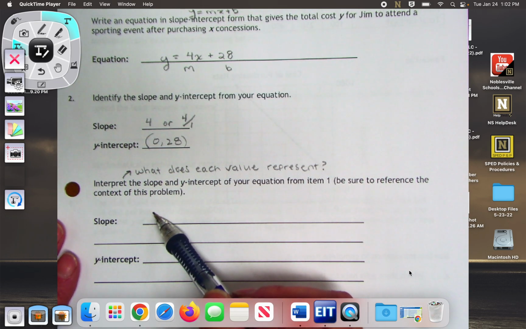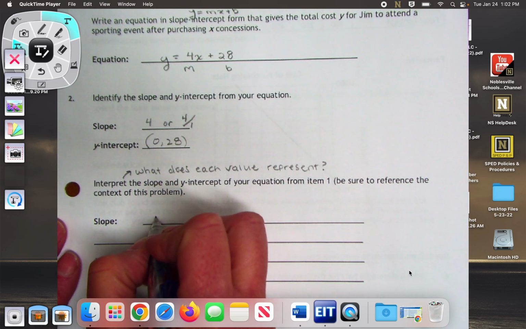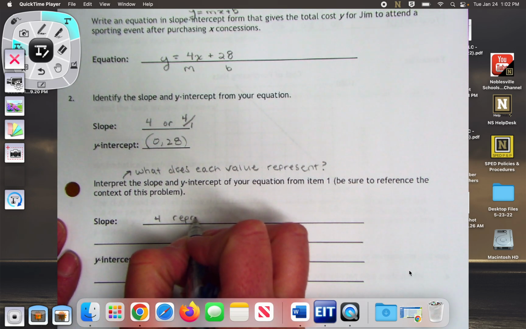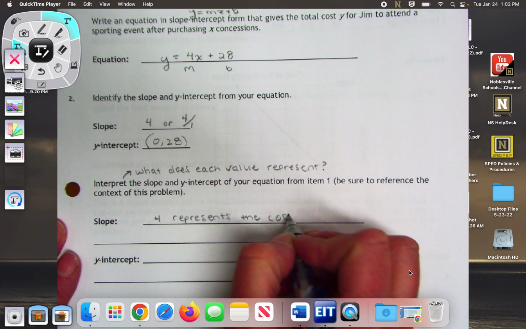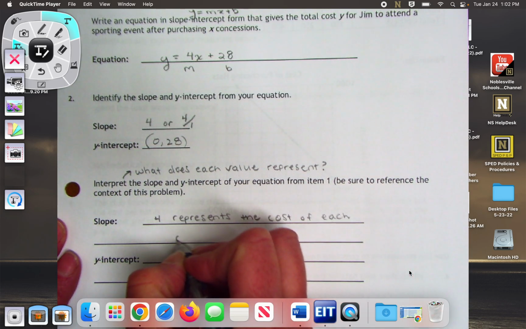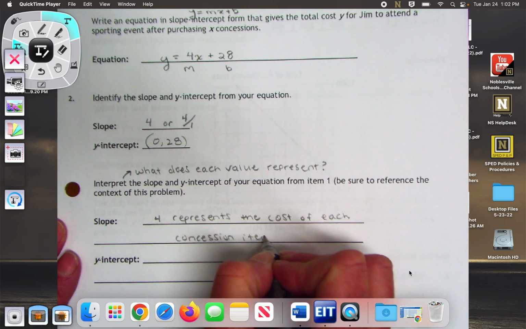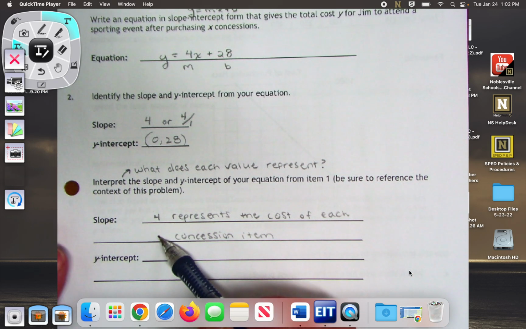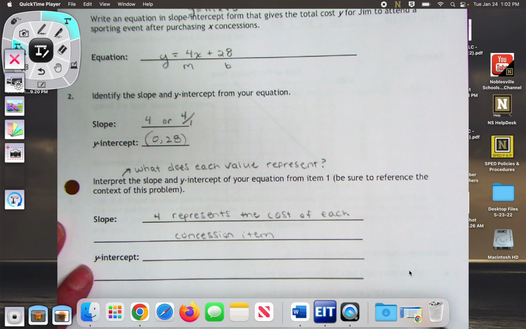I'm going to say 4 represents the cost of each concession item. Right? So my slope is going to increase $4 every time I go back to that concession stand. If I'm by myself, maybe I go twice. If I'm with my kids, I probably go 14,000 times.